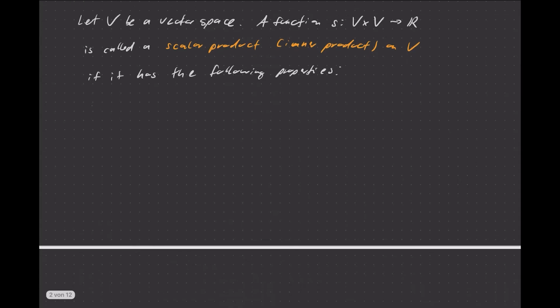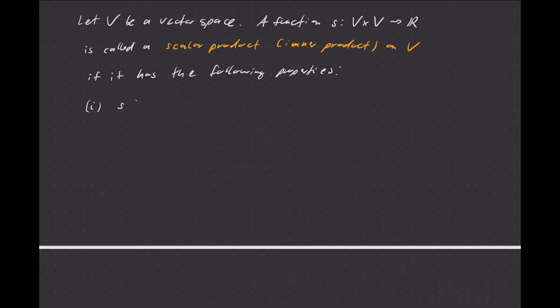Now we want the following things. First thing, the scalar product does not necessarily have to be non-negative. But if we measure the scalar product between a vector and itself, we want it to be non-negative.